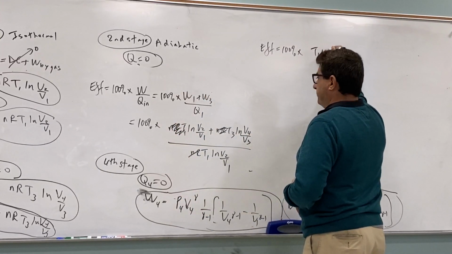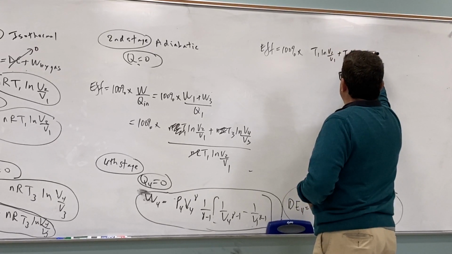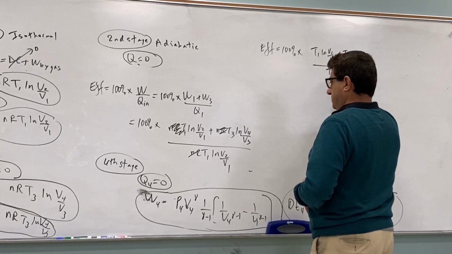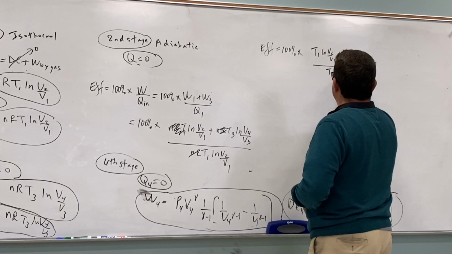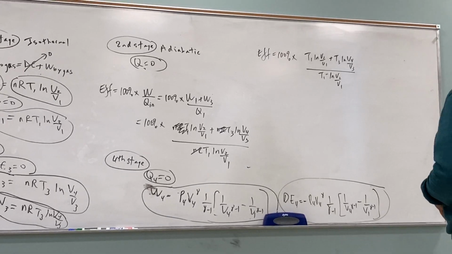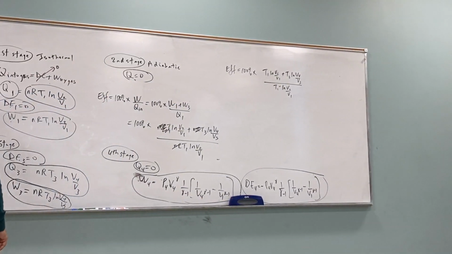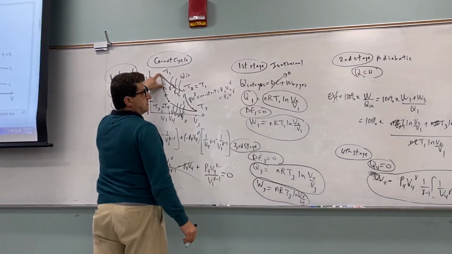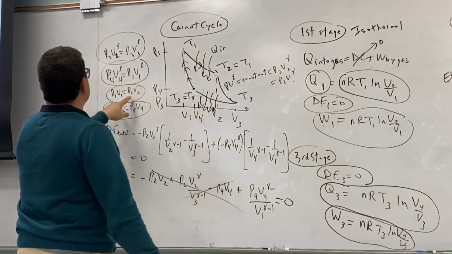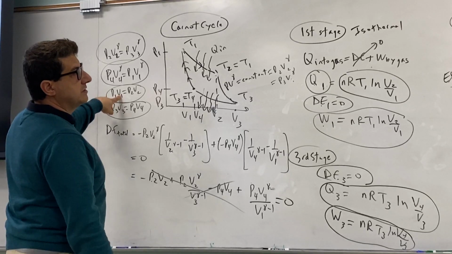T1 ln of V2 over V1. It should get even simpler. Hold on, let's see, V2 over V1 is the same as V3.